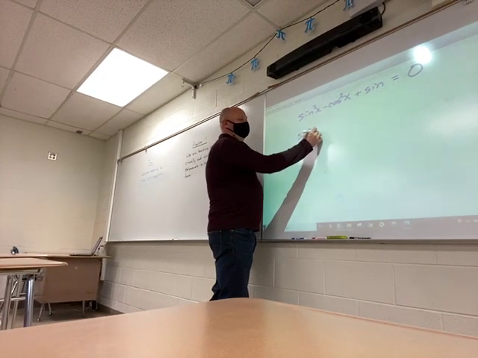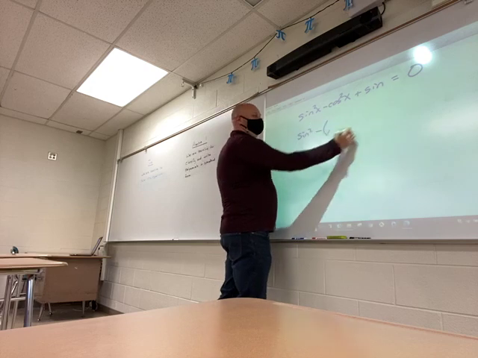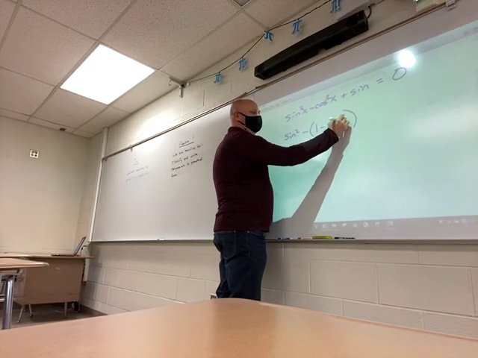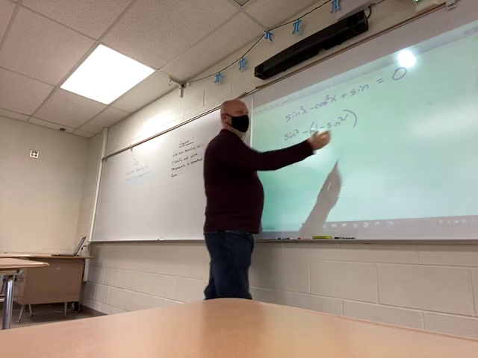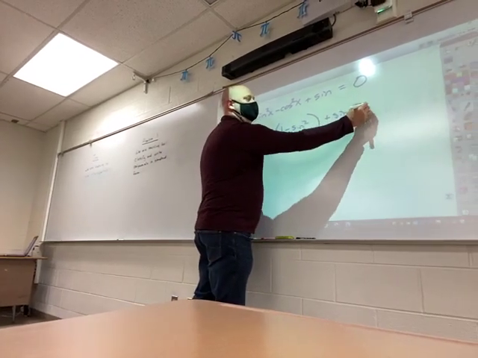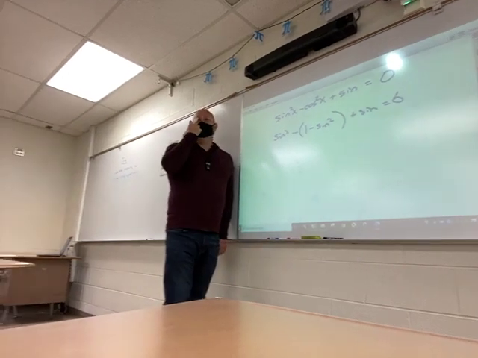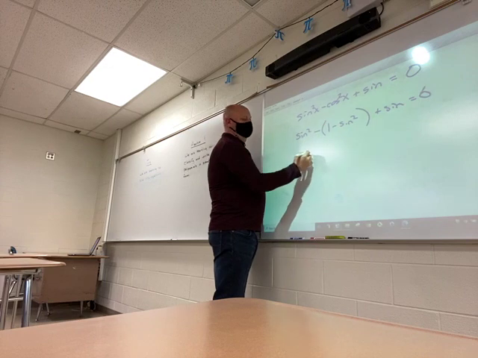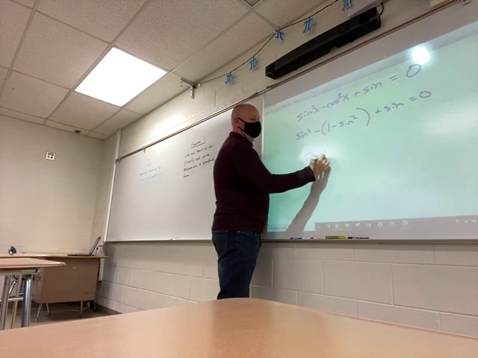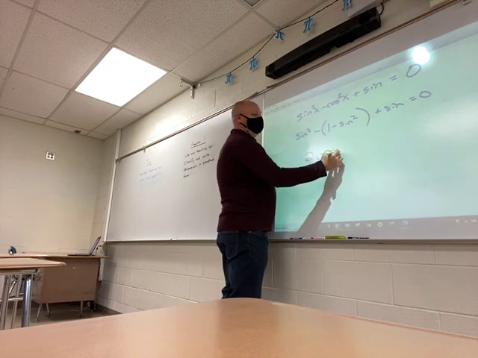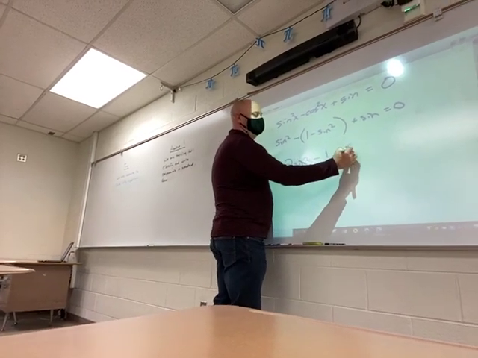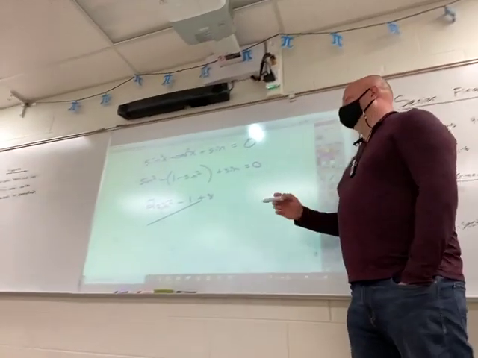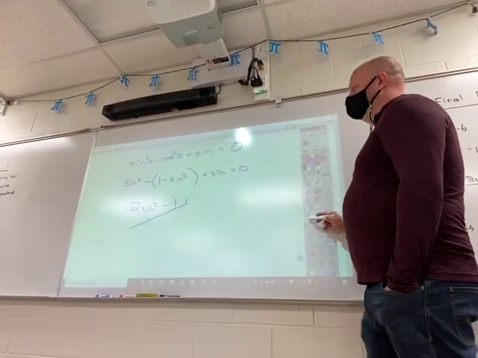What I would do is leave the minus, change the cosine squared into 1 minus sine squared. Then you've got to distribute before you combine like terms. So minus a negative turns to positive, so you're going to have 2 sine squareds minus 1 plus that sine. Does that make sense? So just be careful if you see something like that.